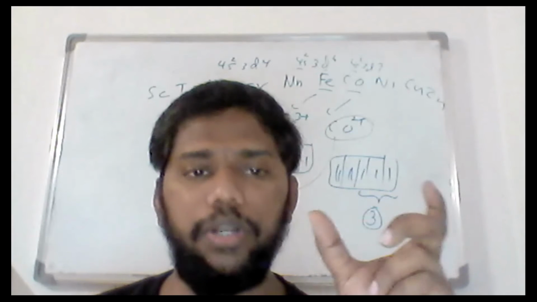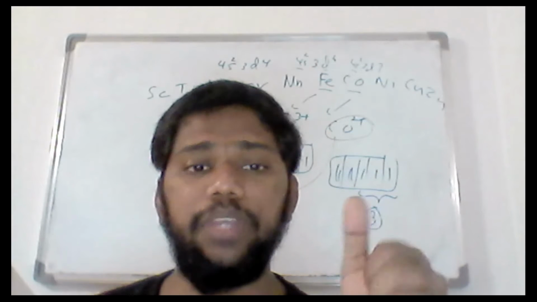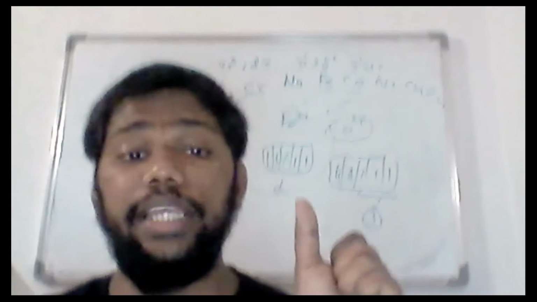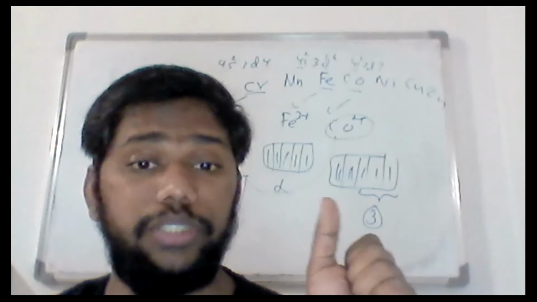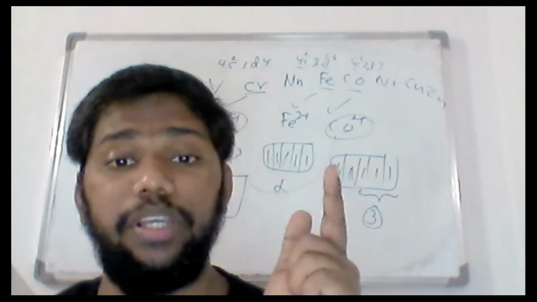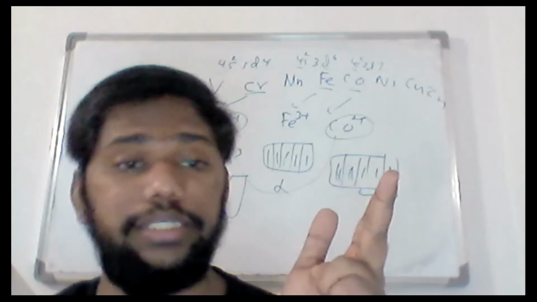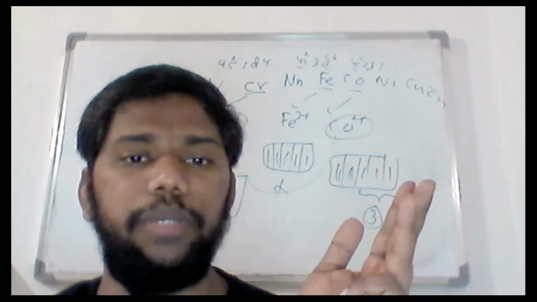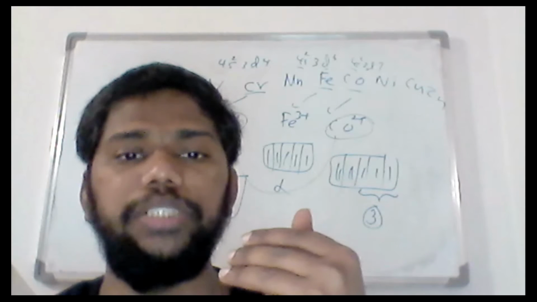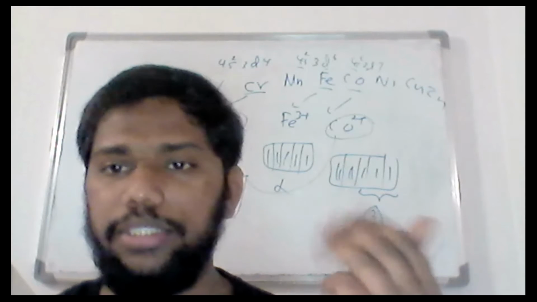And when you consider the oxidation states of vanadium, +5 has a yellowish color in aqueous solution, then +4 is blue, +3 is green, and +2 is purple. So you can see vanadium can form different colored species based on their number of unpaired electrons.